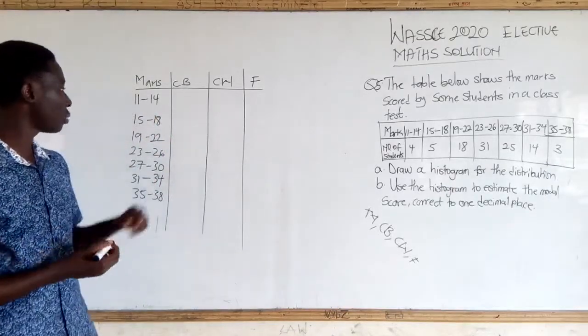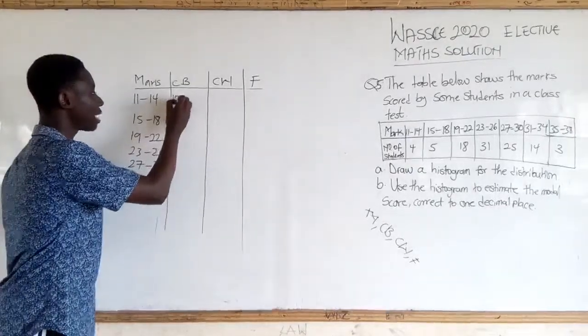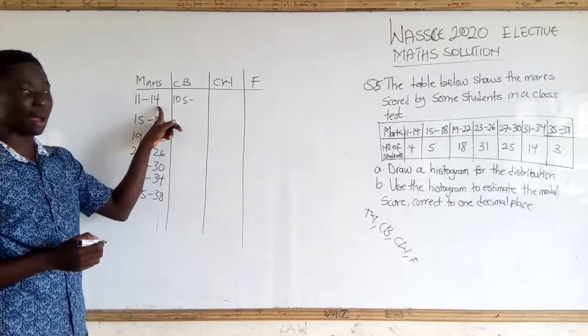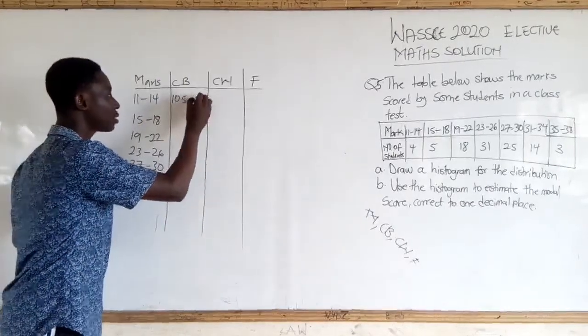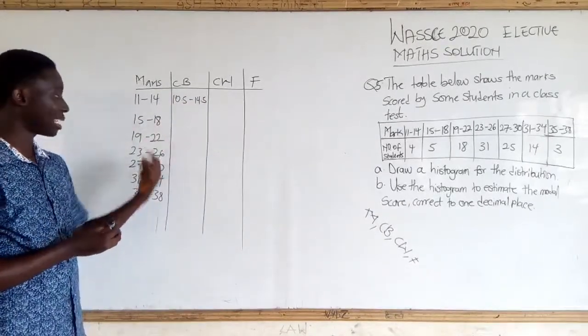So when we do that, we deduct 0.5 from 11, we get 10.5 to, and then we add 0.5 to the upper class, which is 14.5. And then we do the same for the next class.